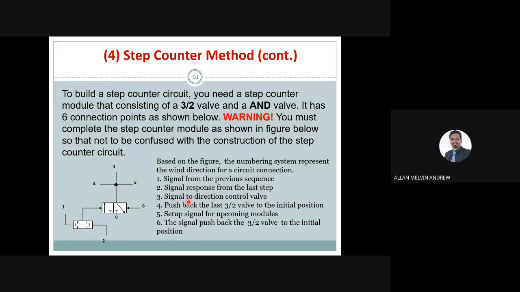A signal to the direction control valve, so it is connected to the direction control valve, to push back the last 3/2 valve to the initial position. We will see this later also. Step setup signal from the upcoming module, and signal to push back the 3/2 valve to the initial position. So we have a few connections, six connections for you to understand.